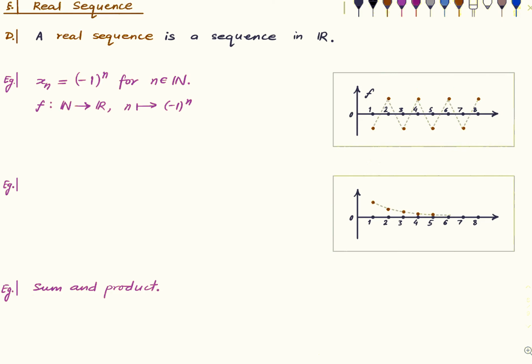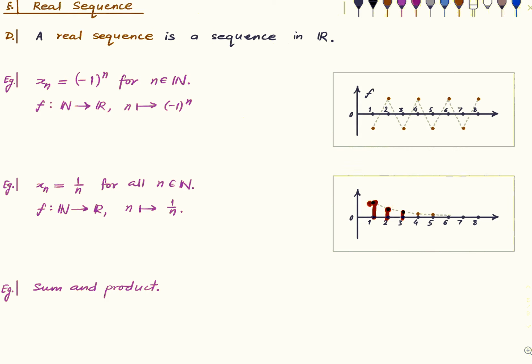And the other example is xn is equal to 1 by n for all n. In the formal way, one can write that thing. And again, one can draw a graph. So here at 1, you get the value 1. At 2, you get half.